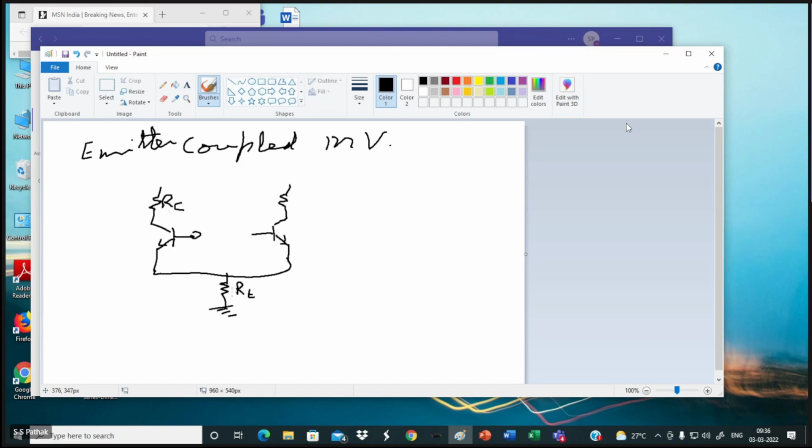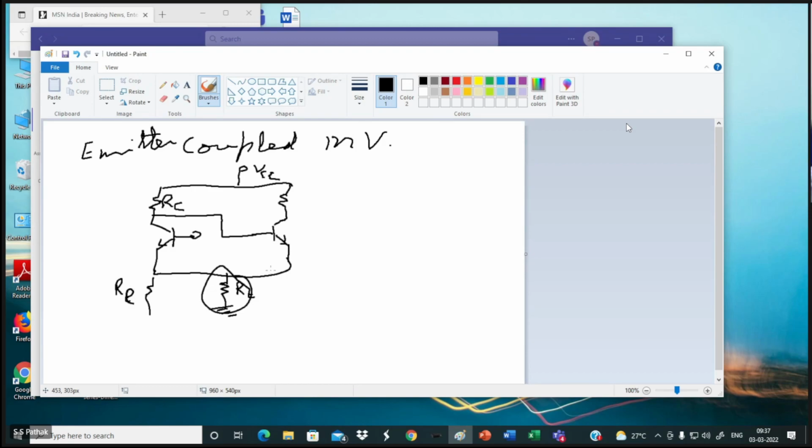Now this is coming directly connected here. This is your VCC. See, this resistance I will split into two parts. So I'll put this in this R, I call it RE1, or you can say RE directly.